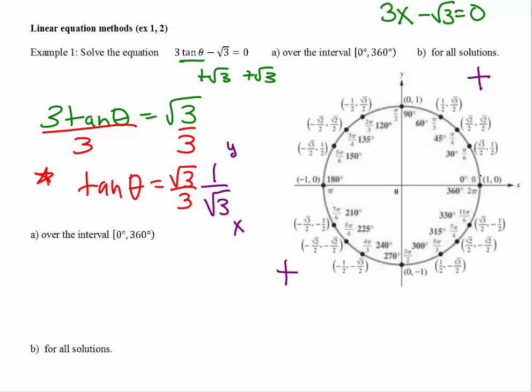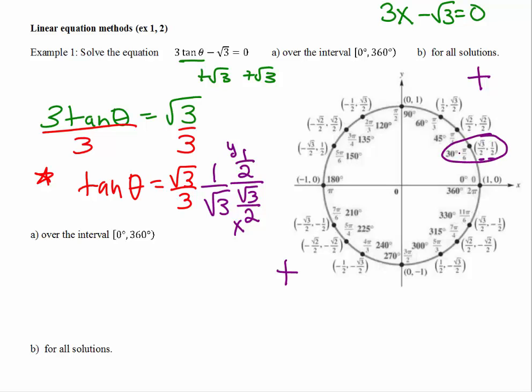Well, the points that I have are all divided by 2, so let's write it in the actual form of those x and y values. So that would look like 1/2 divided by the square root of 3. So we're looking for points that have a y value of 1/2 and an x value of the square root of 3. So it looks like we're dealing with the 30-degree angle family.